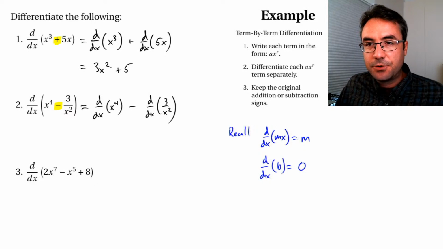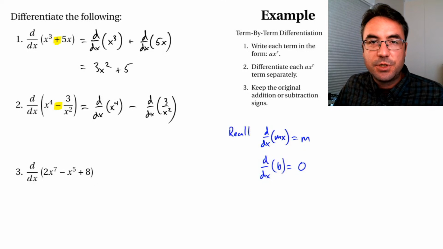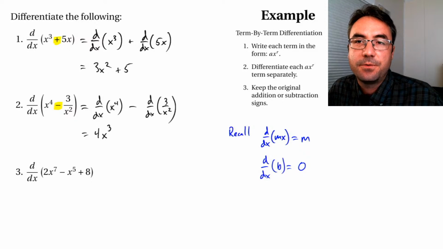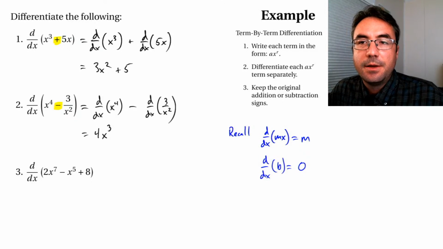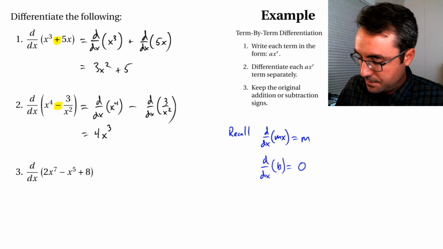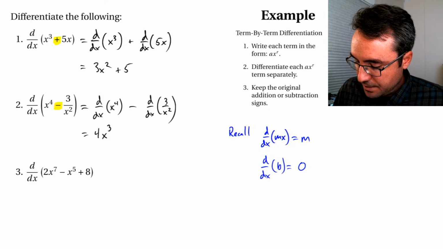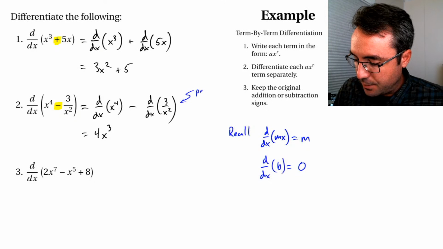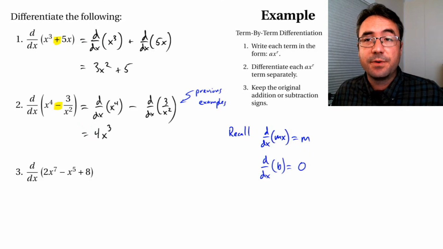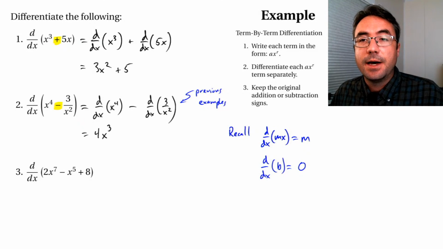All right, so what's the derivative of x to the power 4? Just power rule. So we bring down the 4, keep x the same, and then subtract 1 from the exponent, so 4x cubed. Then the derivative of 3 over x squared, we just did one very similar to this, in one of our previous examples, where I think it was negative 3 over x squared.